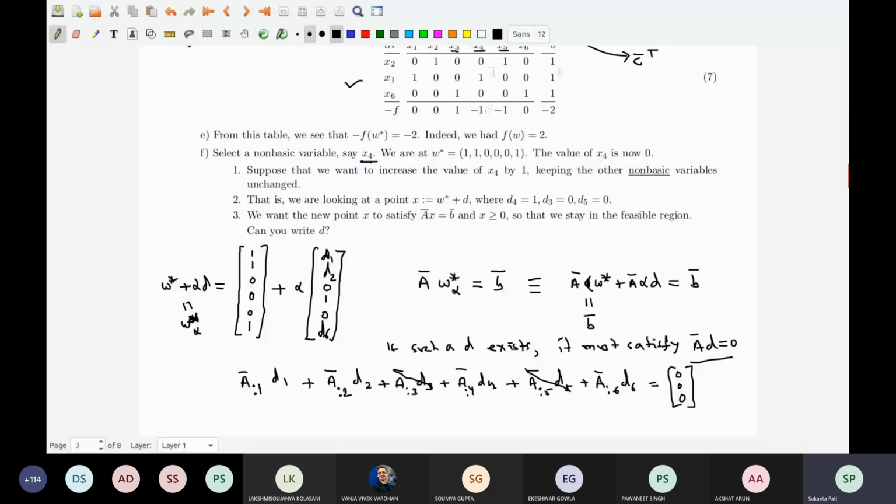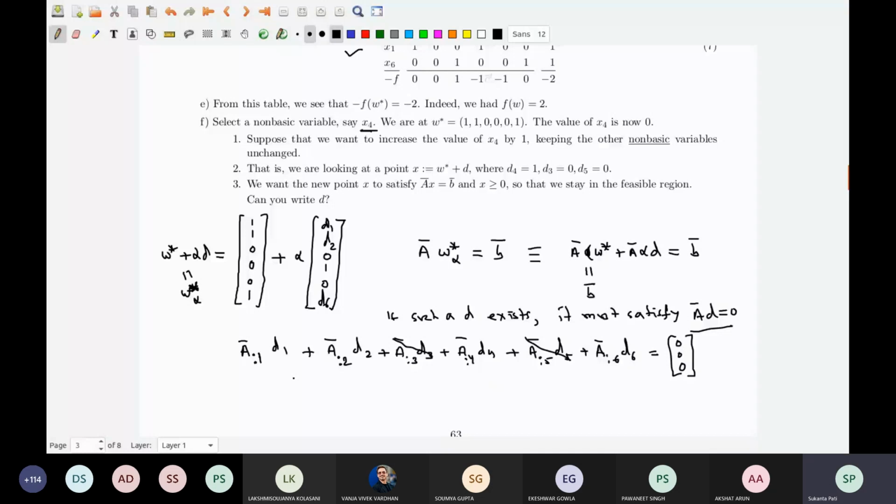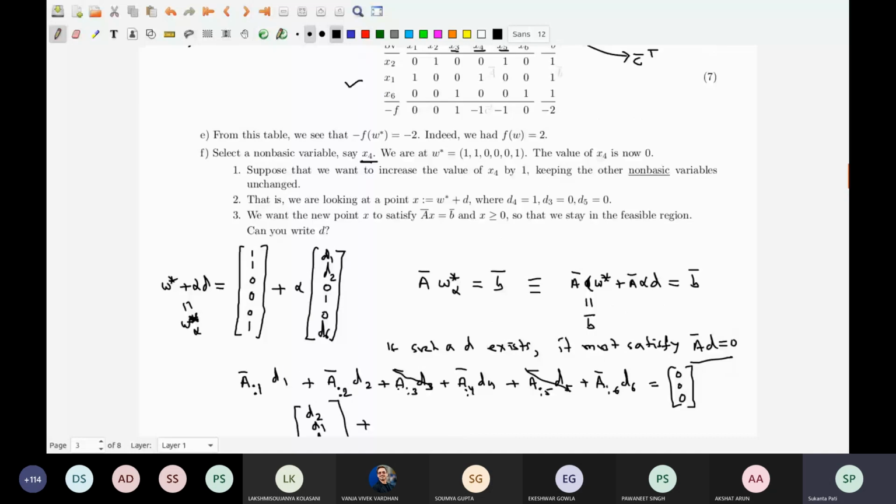So it automatically follows that I will have D2, D1, D6 plus the fourth column. This gave me the first one, D2, D1 and D6 gave me this. And now what is the fourth column?